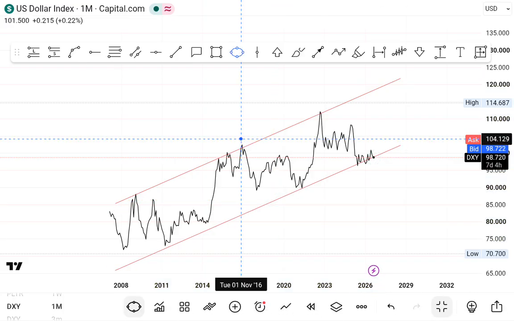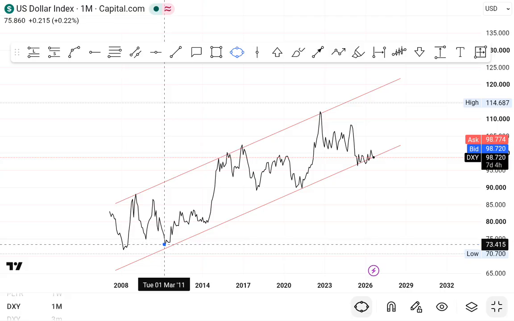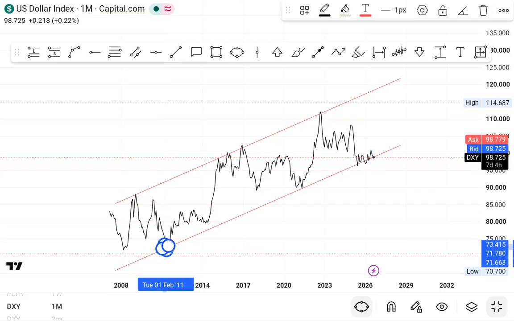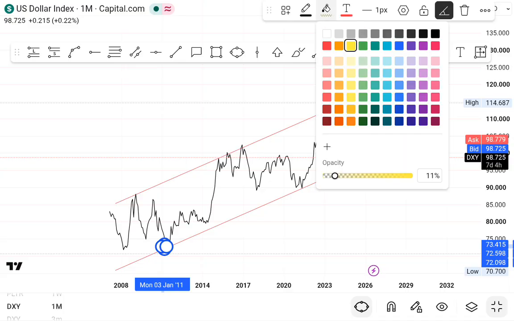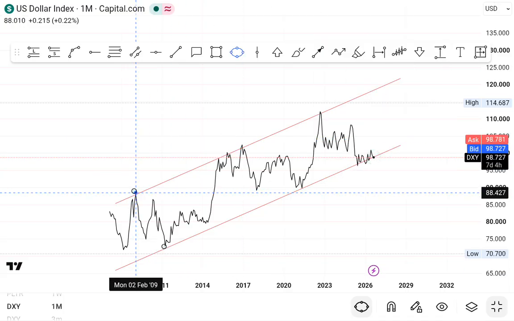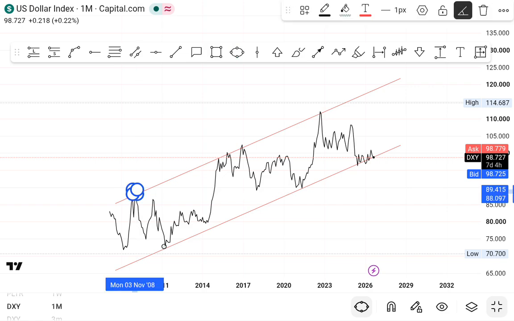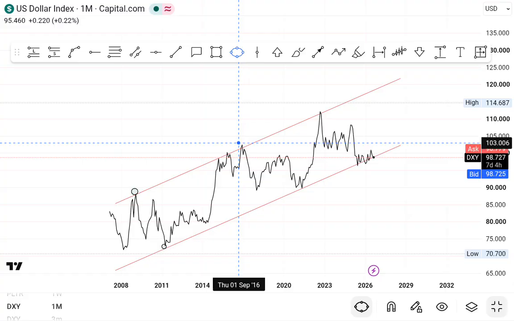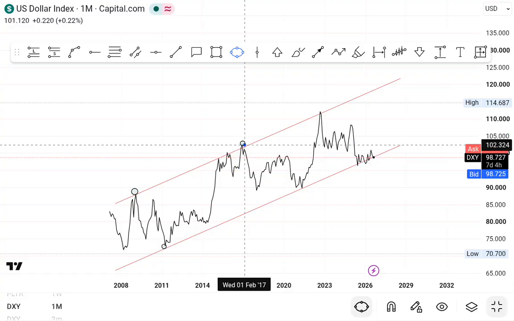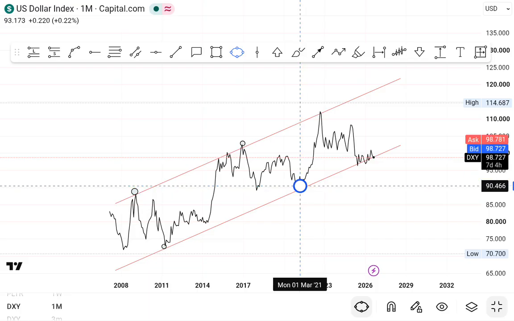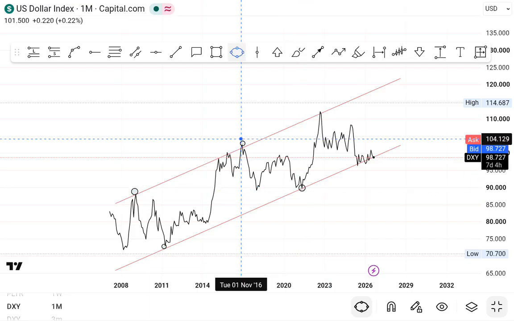Because if you look here, you can see we had a major low. We put green. Major high. Now this major low took out this high and generated a major higher high. From this major higher high, we generated a major higher low.